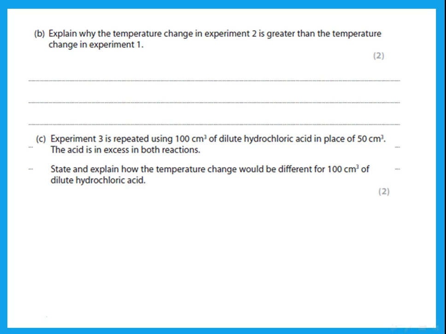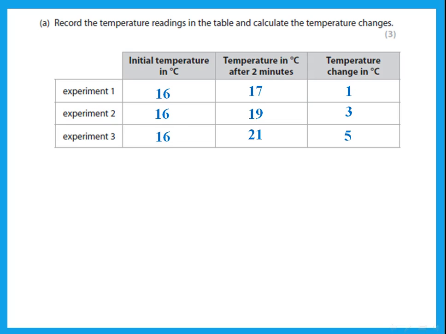Explain why the temperature change is different. You are using the same amount of acid and the same amount of chips, but different sizes of chips. If you remember, experiment 1 had large pieces, then medium pieces, then smaller pieces. The more the temperature change in 2 minutes, the faster the reaction.